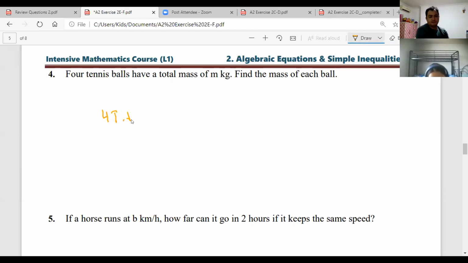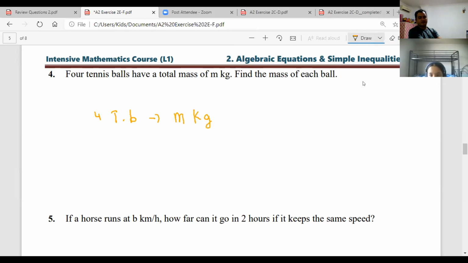T.b., tennis balls. Mass of M kg is given, right? M kg, and this one. Shahina, don't write those units too close. There's some space between M and kg. Okay.